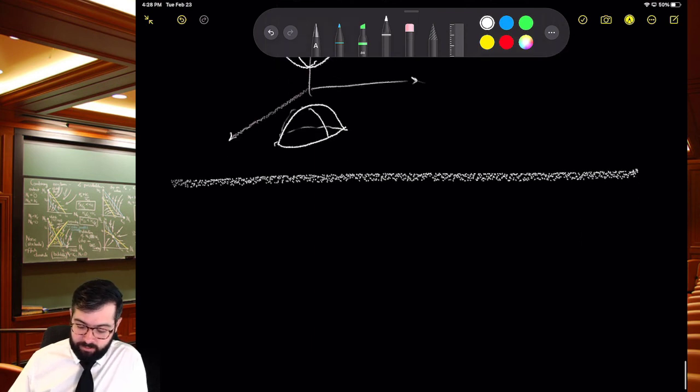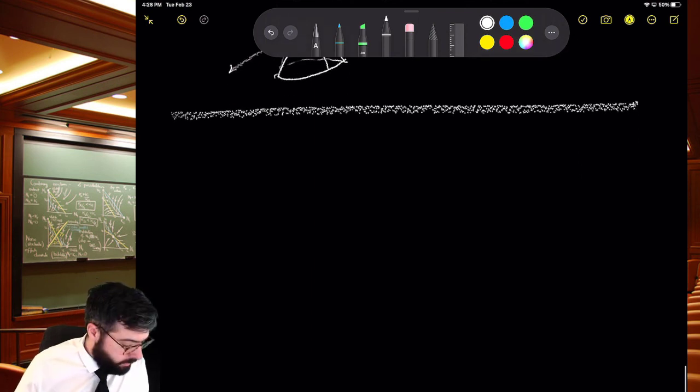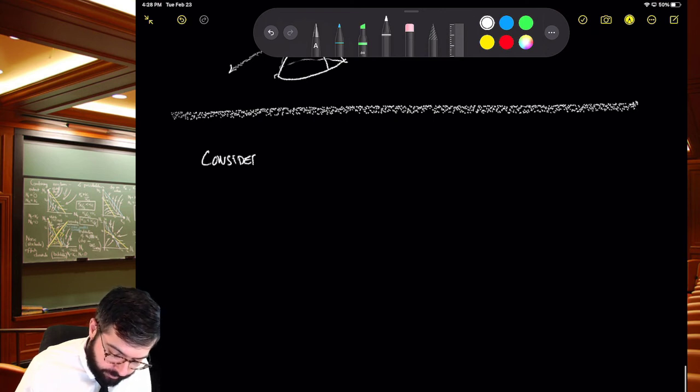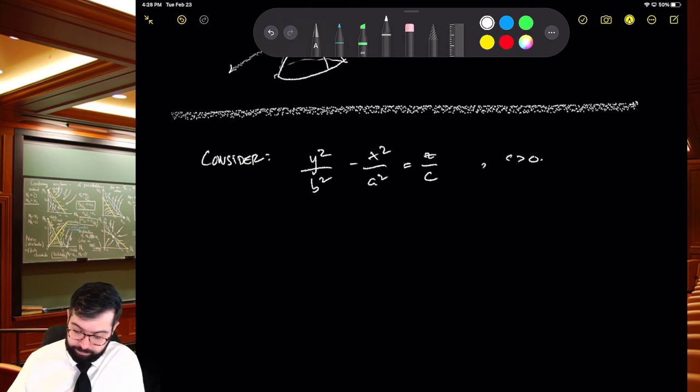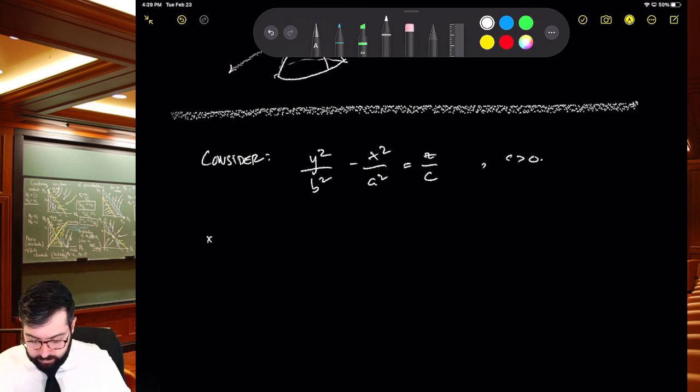Okay, so if we look at this thing, if I had y squared over b squared minus x squared over a squared equals z over c, and we'll say that c is positive for the moment. Let's think about the traces here.